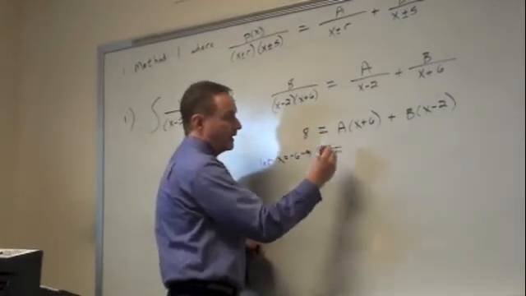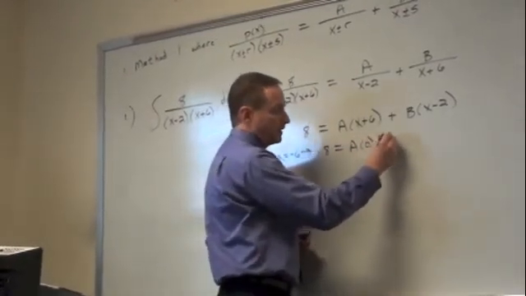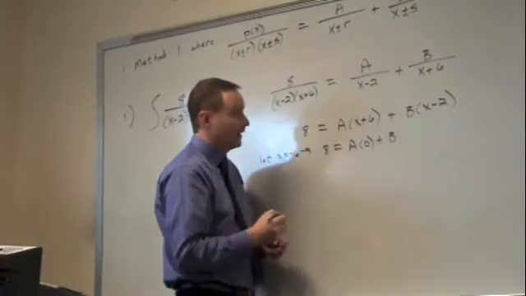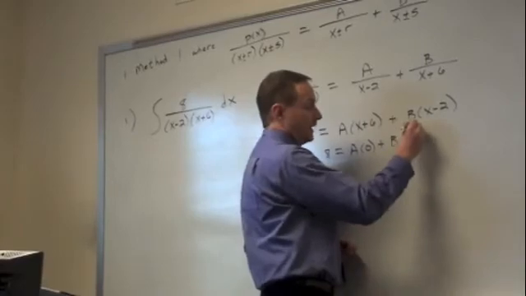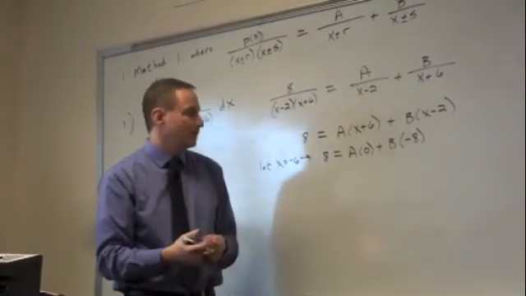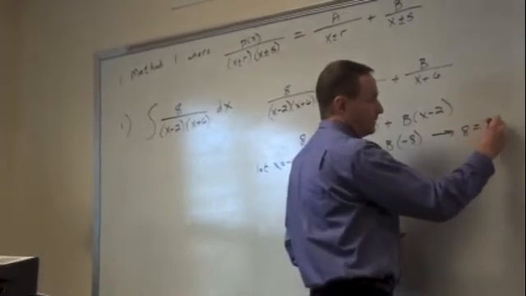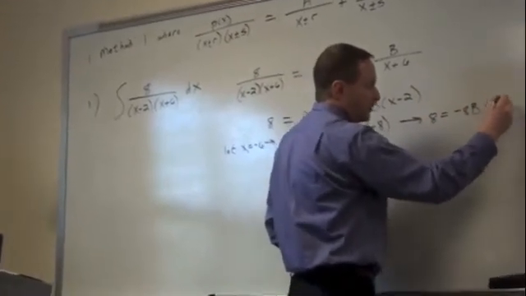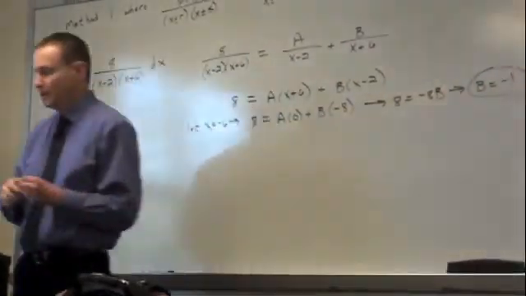I'll get 8 is equal to a times 0 plus b times negative 6 minus 2, negative 8. I'm getting, obviously, 8 is equal to negative 8b, which means b is equal to negative 1. Solution for b, done.